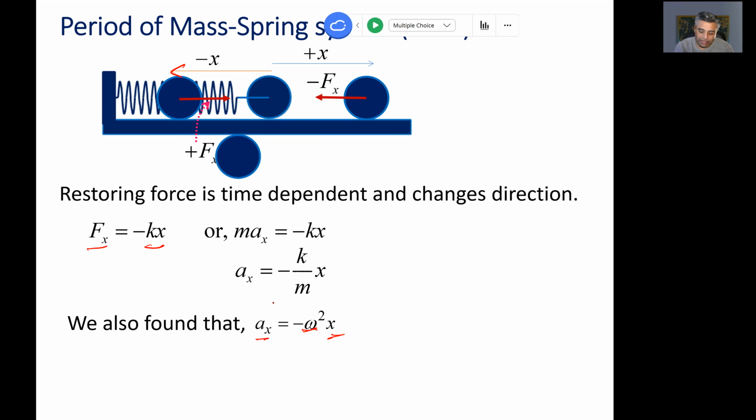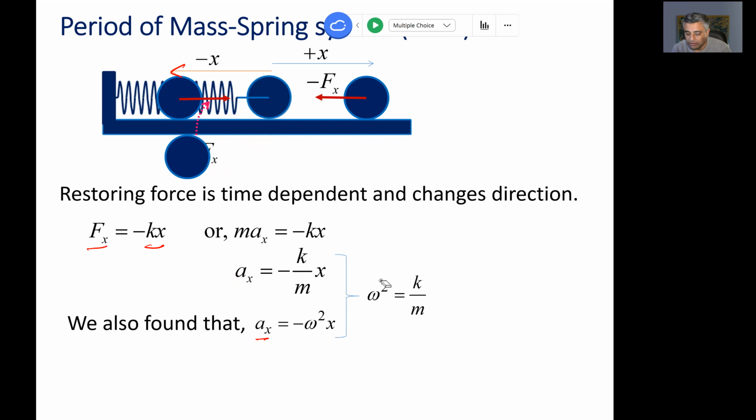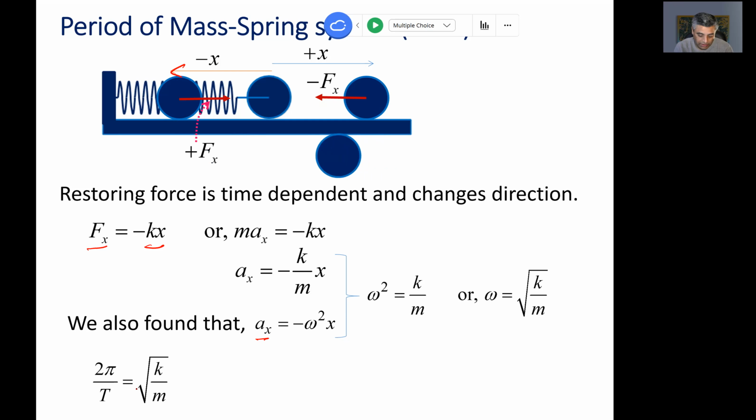So if I compare this, the acceleration, x, x, negative, negative, that means omega square is k over m. By comparing this equation, we can tell. So now from here, we can find the frequency. So omega is that. And if we were to write period, omega is 2 pi over T. Or if you want frequency, you can replace this omega by that and solve for f, okay?